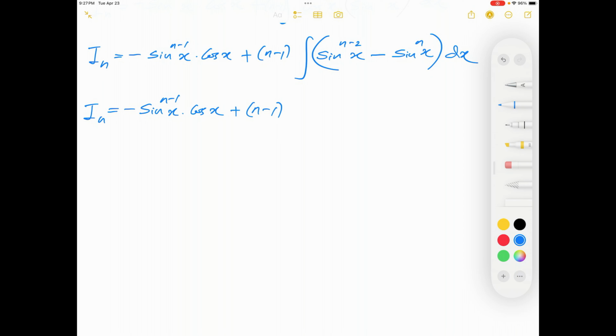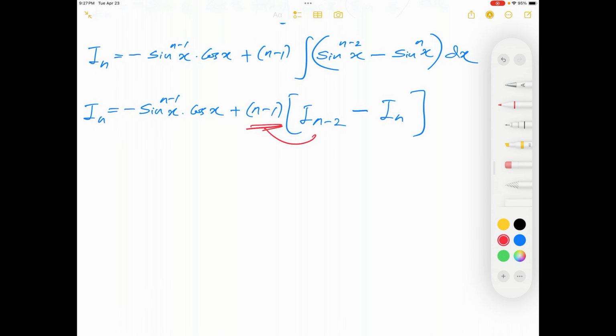And then I have plus n minus 1 times the first term here, the integral of sine n minus second power x, which I can write as I sub n minus 2. And then I have this minus symbol, and another integral of sine nth power x. Sine nth power x integrated is I sub n.